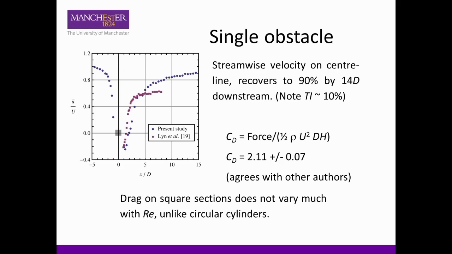People use circular cylinders to look at flow past vegetation, but I always think that's a slight challenge. Partly, it keeps on changing with Reynolds number. Partly, vegetation isn't really smooth circular cylinders. At best, it's bumpy cylinders, and quite often it's actually polygonal. So these kinds of obstacles make a better model because the drag stays much more constant and is closer to 2, which is more like what you usually get.